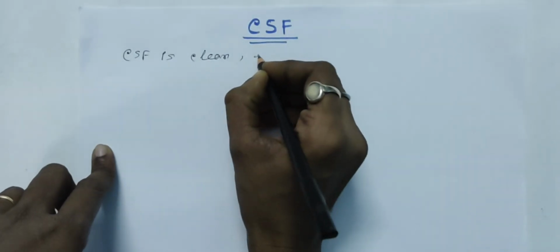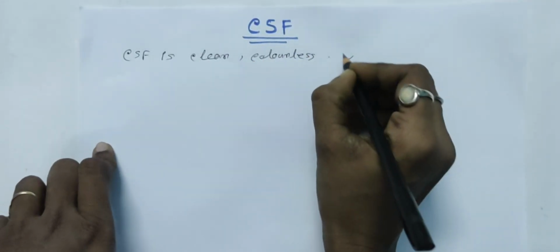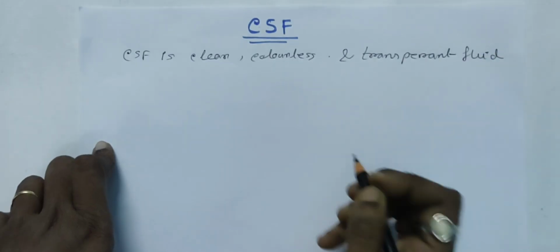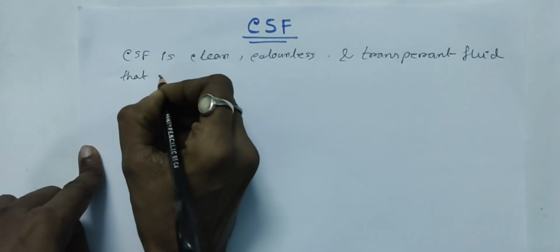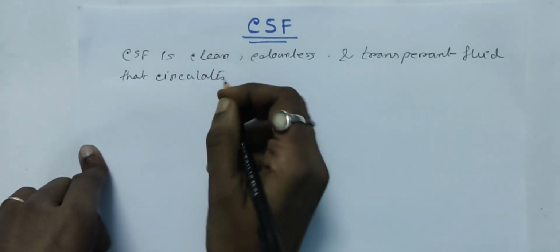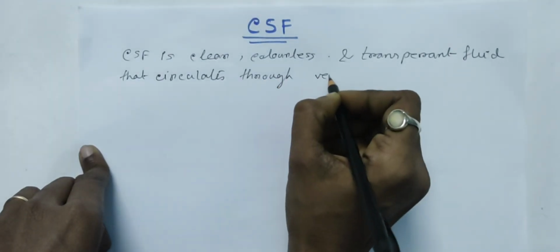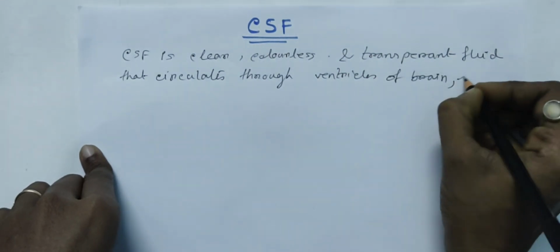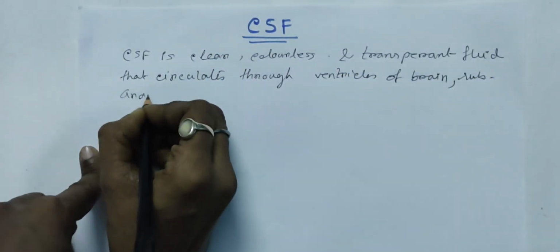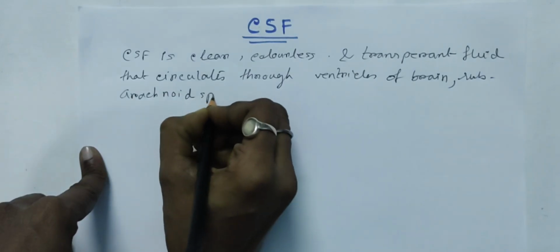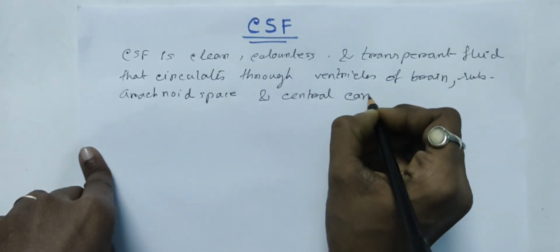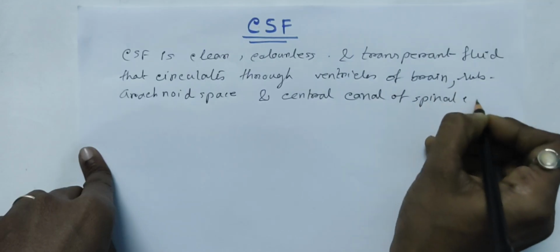CSF is a clear, colorless and transparent fluid that circulates through the ventricles of the brain, subarachnoid space, and central canal of the spinal cord.